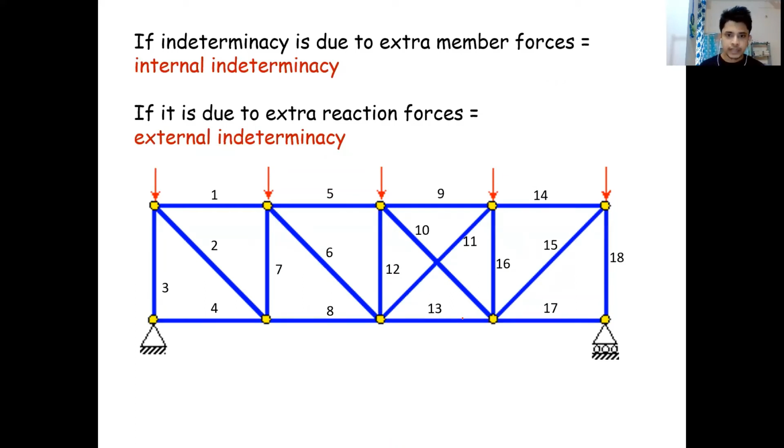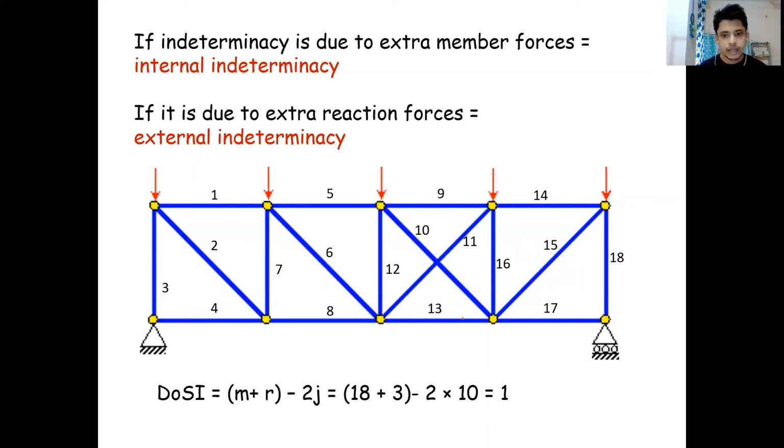And to solve that, how many equations of static equilibrium can we have? 2 times the number of joints. So M plus R, 18 plus 3, is the unknown force, and we have 10 joints, 2 equations at each joint, so 20 equations we will have. So 21 minus 20 is equal to 1. That means this is a statically indeterminate structure, and the degree of static indeterminacy is 1.